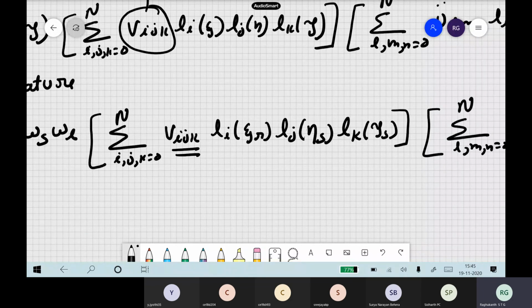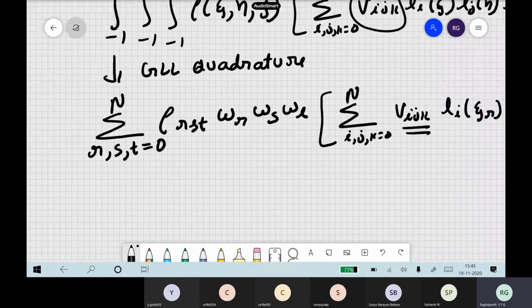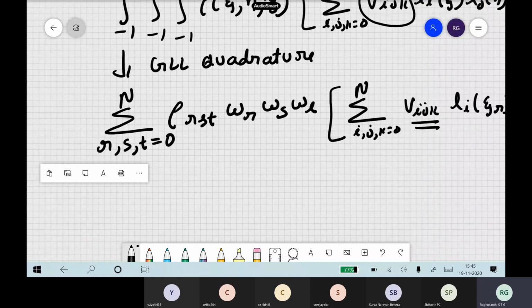What happens finally? Now, in one dimension, what happened finally after we did all the calculations? What happened to the mass matrix? What type of mass matrix will you get finally here also in 3D?